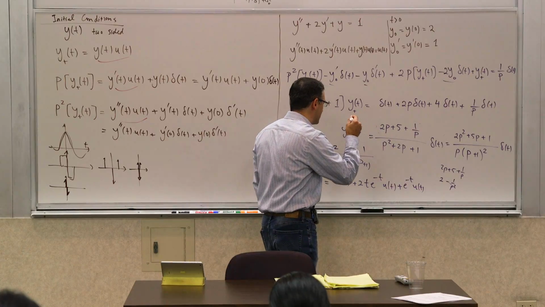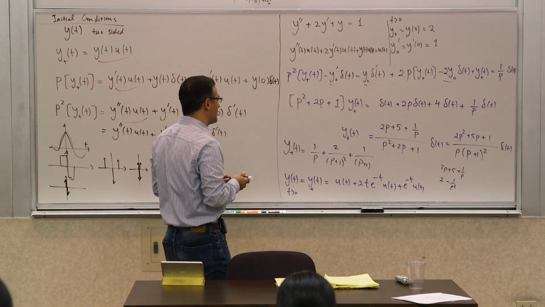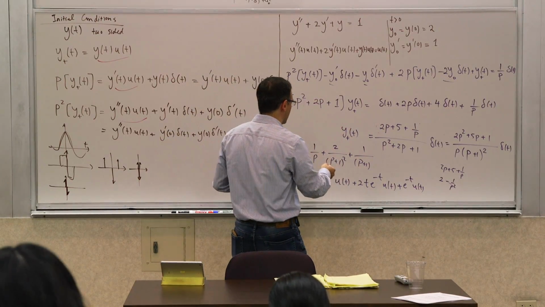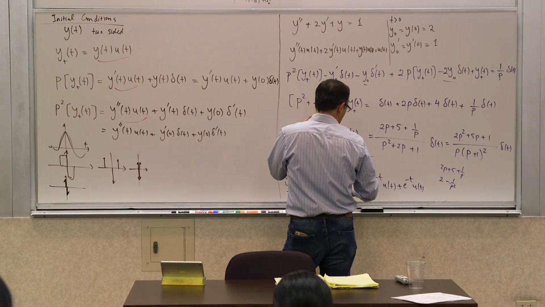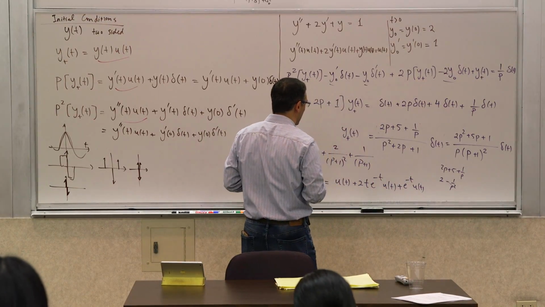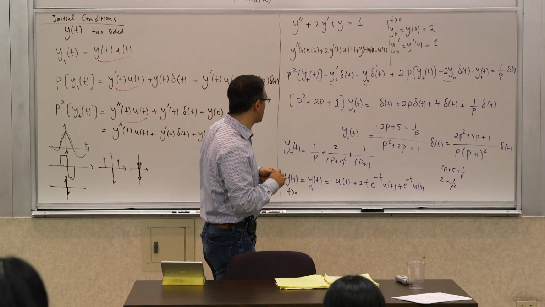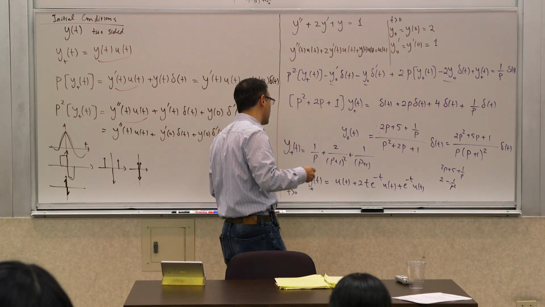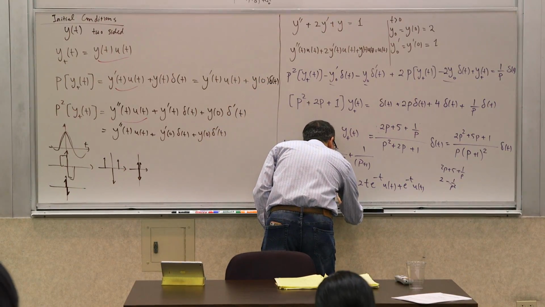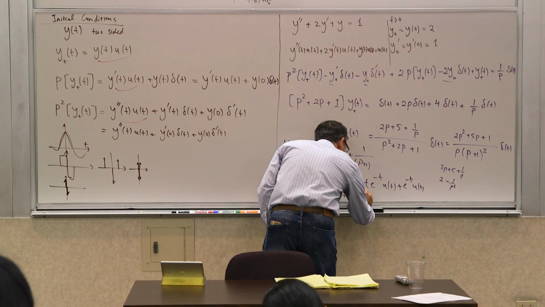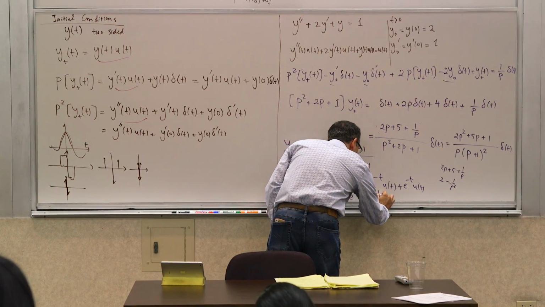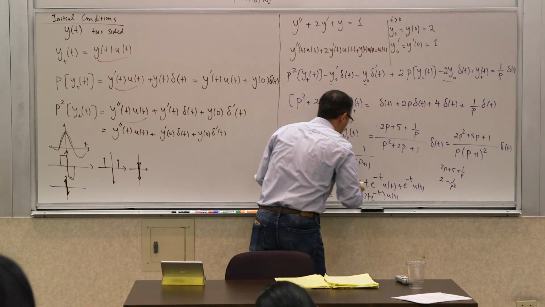So you see that, you can also write it as 1 plus e to the negative t plus 2t e to the negative t, all of that times u of t.